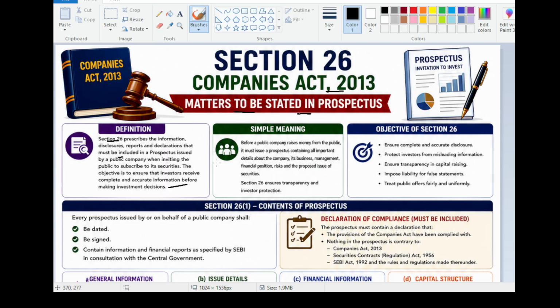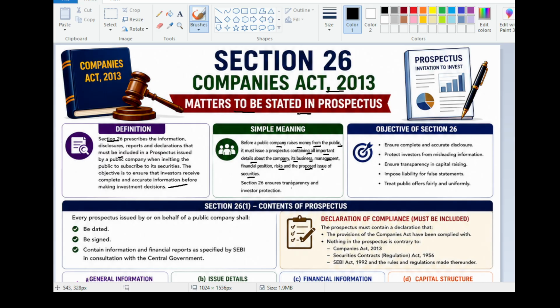Okay, in simple words, before a public company raises money from the public, it must issue a prospectus containing all important details about the company, its business, management, financial position, risk, and the proposed issue of securities.